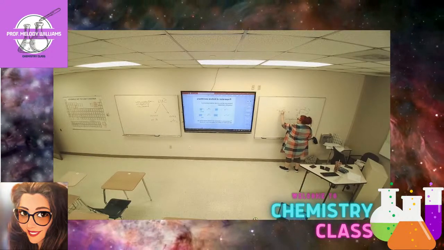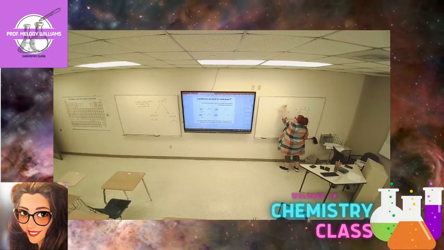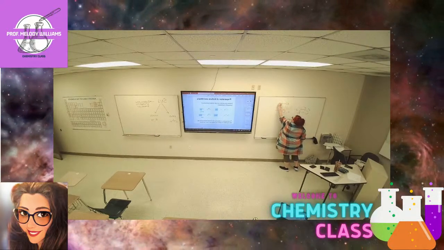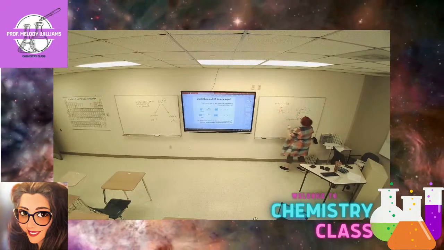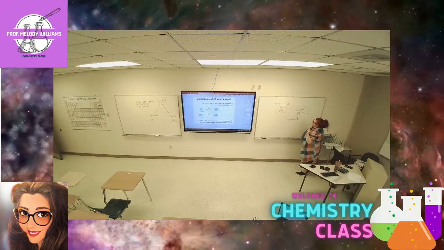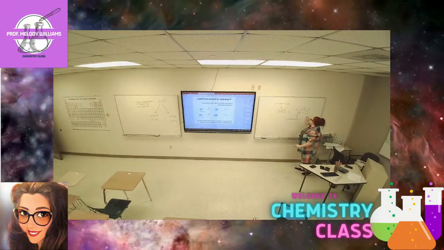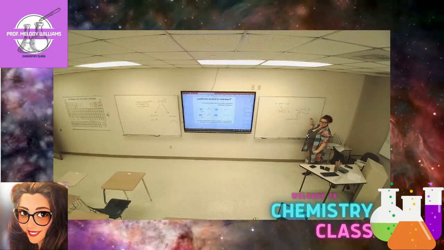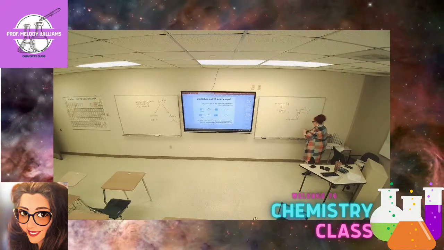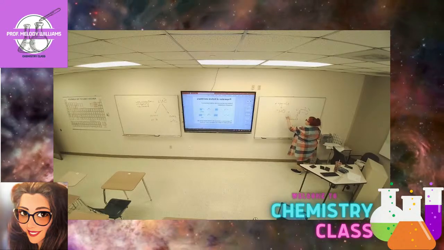They're sharing a pair right here. So this has a full negative charge. So it's also a nucleophile. So since this has a full negative charge, which one of these is it going to be attracted to? The carbon.